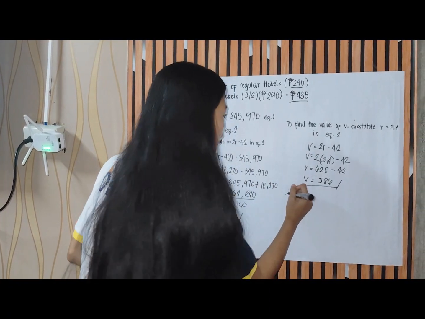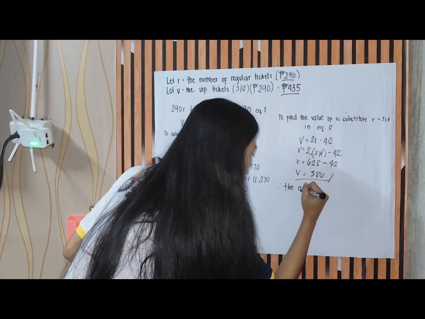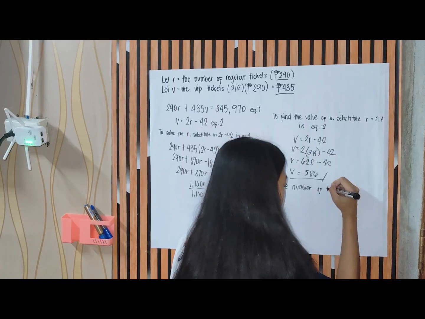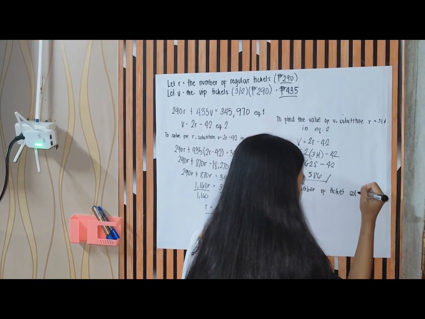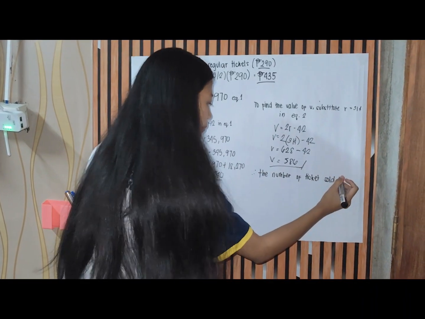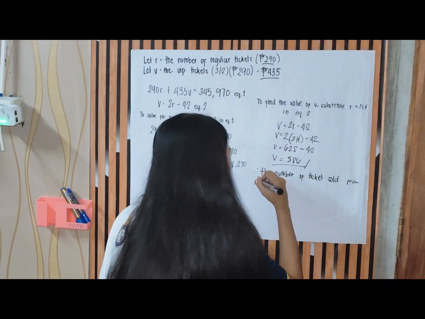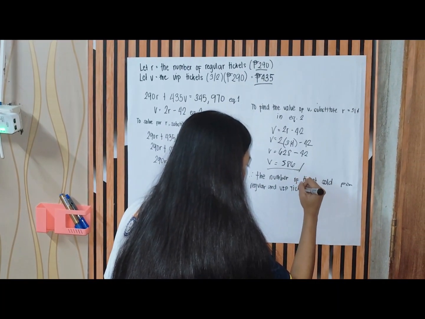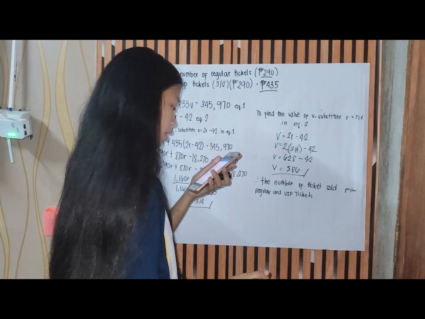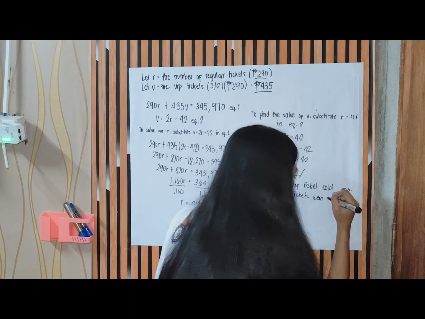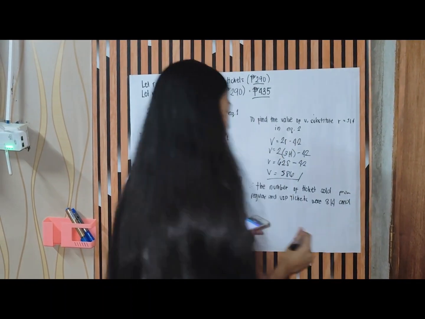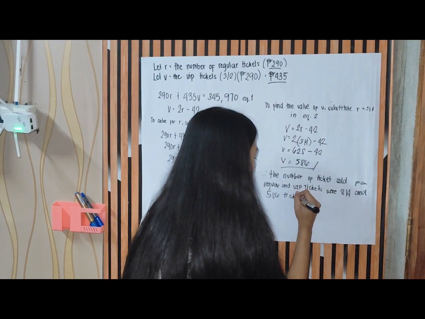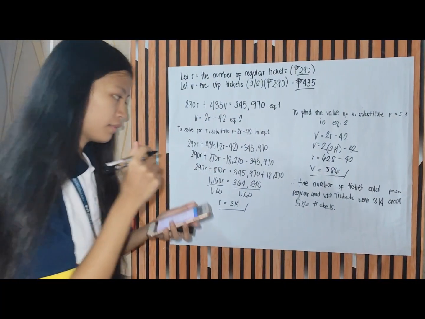So the conclusion here is: therefore, the number of tickets sold for regular and VIP tickets were 314 and 586 tickets, respectively.